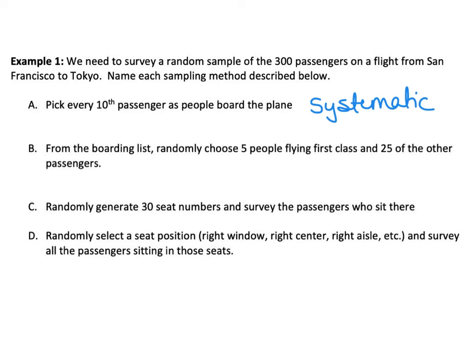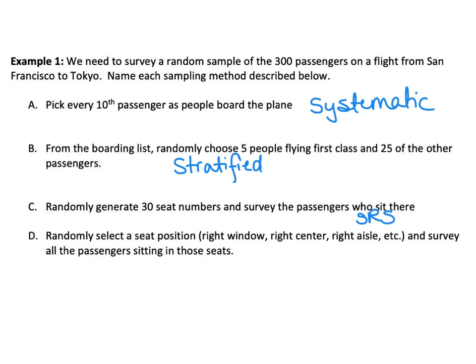From the boarding list, randomly choose 5 people flying first class and 25 of the other passengers. This one is stratified, okay? Because I'm creating groups that are the same within. My strata would be the class that you're flying, first class versus economy. Part C, randomly generate 30 seat numbers and survey the passengers who sit there.